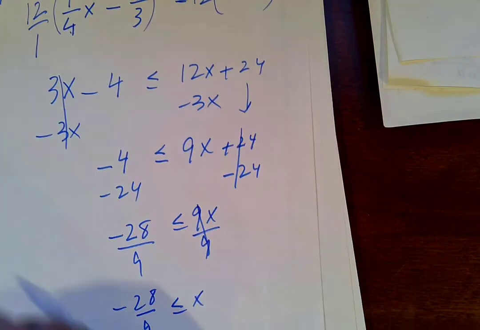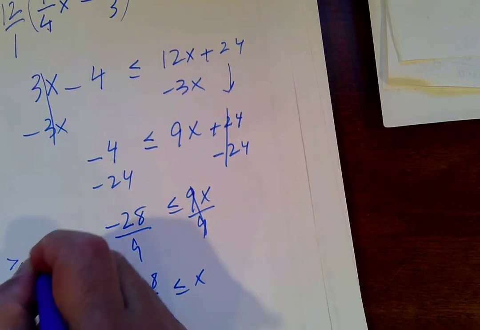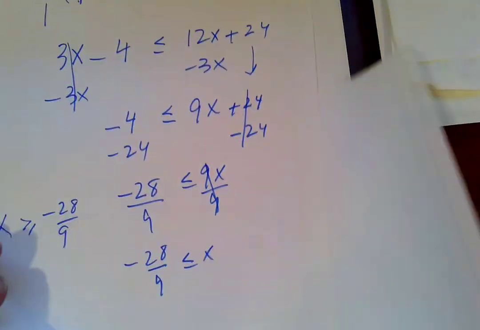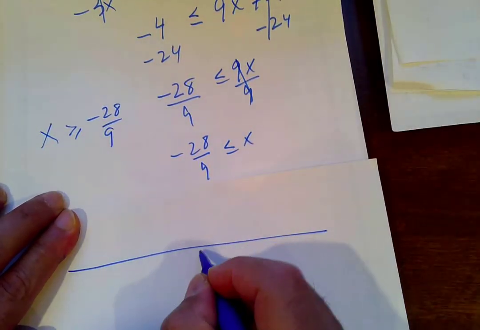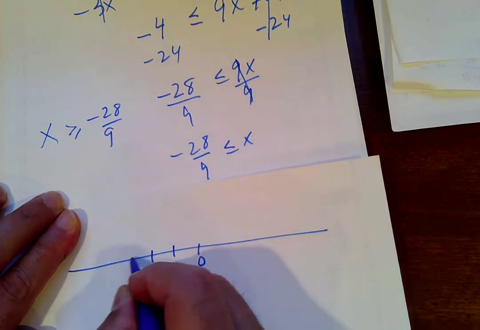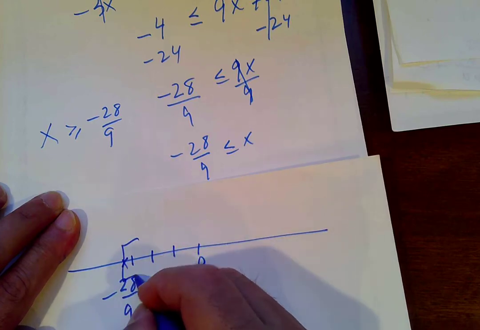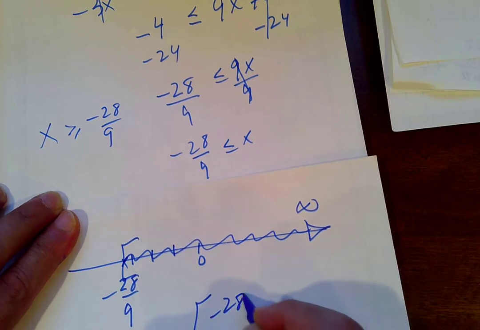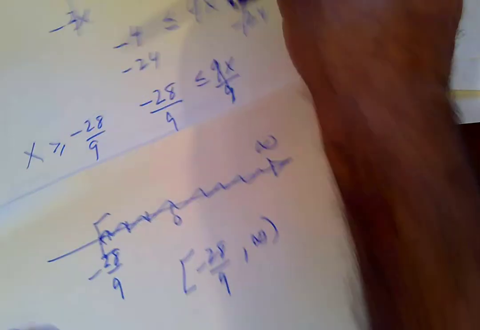If you switch it around, x is greater or equal to negative 28 over 9. Now we're going to graph it. That's like negative 3 and 1/7. Negative 28 over 9 to infinity, with a bracket.